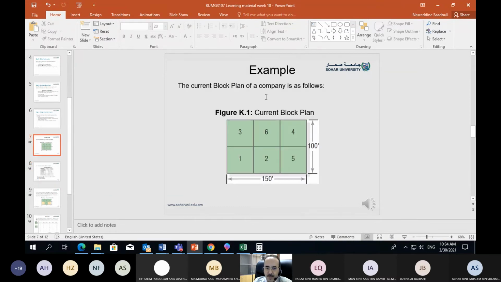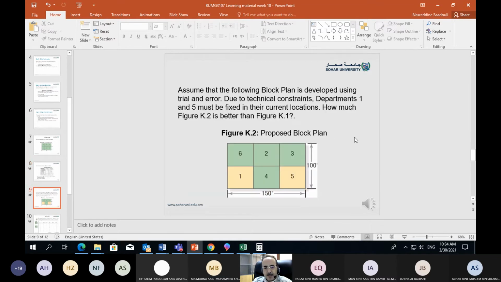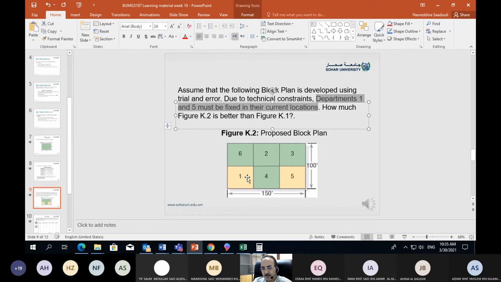So now, given a block plan and given the closeness factors, we can certainly calculate the score, which is W times D. Suppose that we have developed another proposed block plan, and in this block plan we have a requirement or a constraint, which is that departments 1 and 5 must be in these two locations.